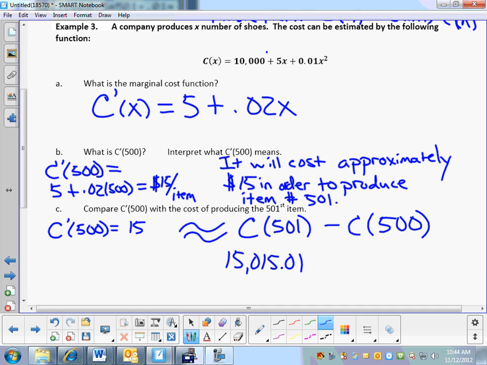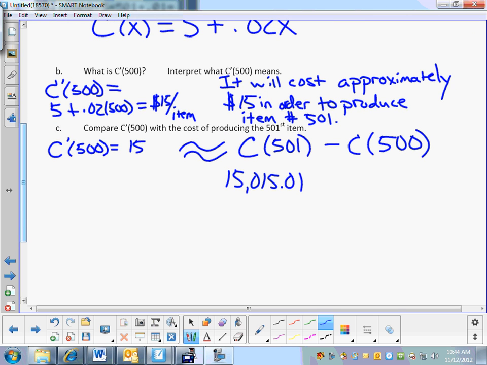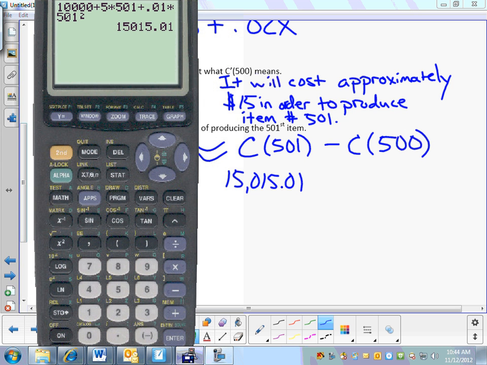So that's their cost to produce 501 pair of shoes. Now let's figure out how much it's going to cost to produce just 500. Well, 500 would be 10,000 plus 5 times 500 plus 0.01 times 500 squared.